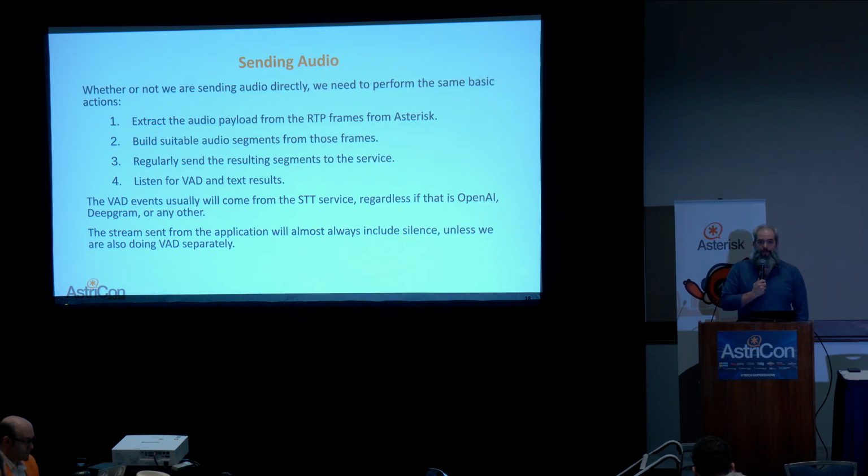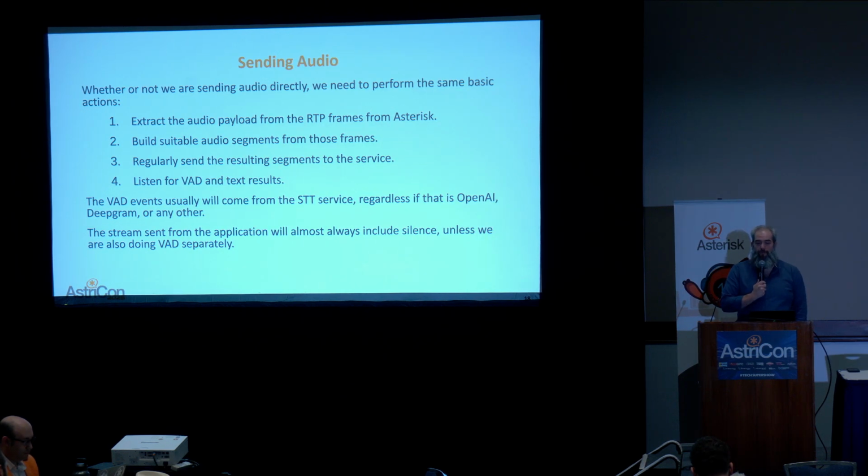Generally your frame size for an RTP packet is going to be too small for what the AI wants, and it's going to want 2 or 3 of them squished together before you send it off. You have to make sure that you're sending those segments at a regular pace to the service, if you want regular results. And then you've got to listen for VAD and text results coming back.